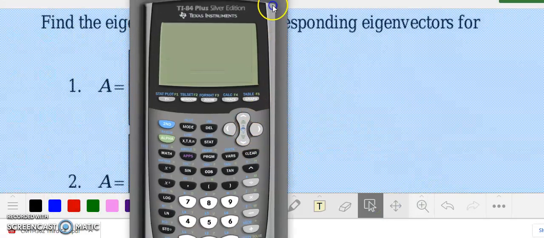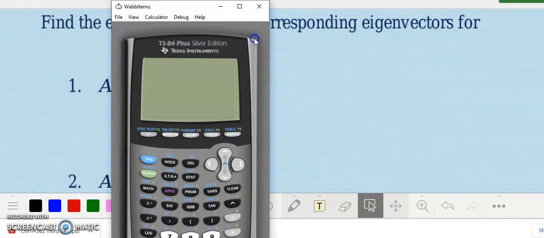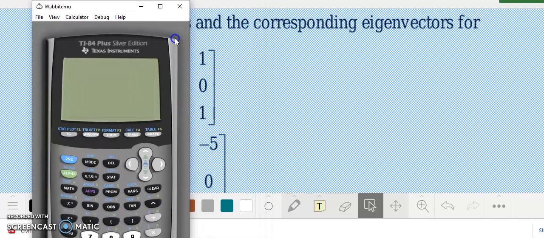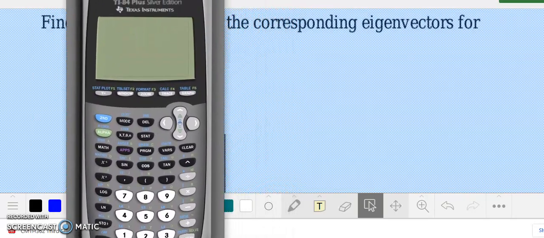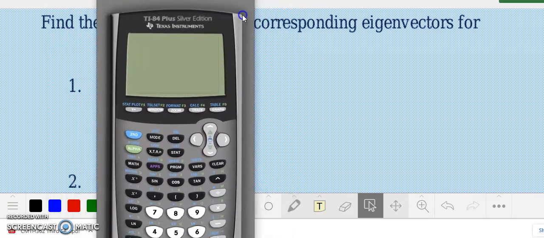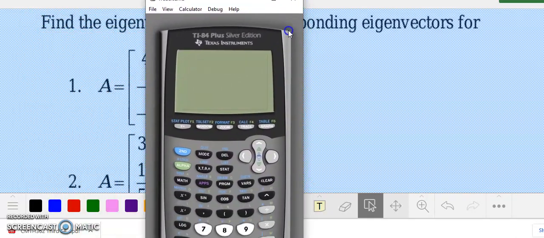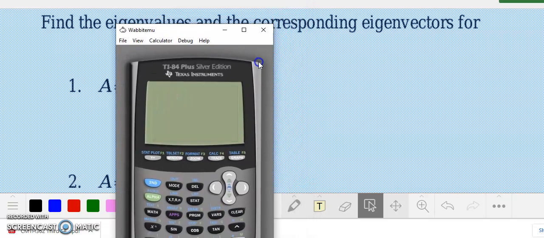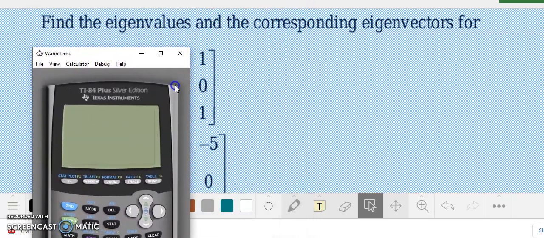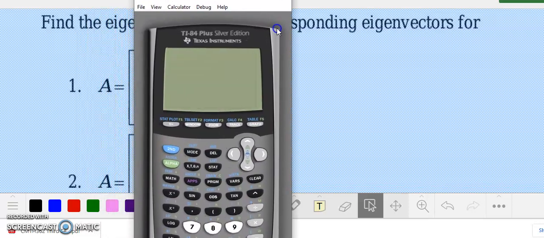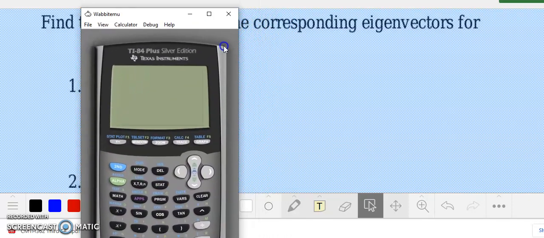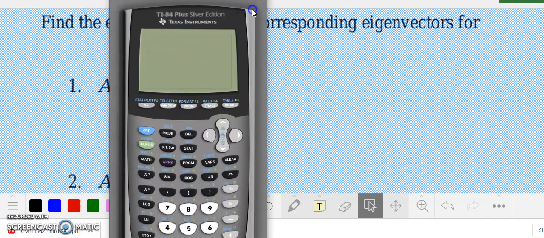This calculator is very advanced. The TI-84 Plus Silver Edition helps you to find eigenvalues and their corresponding eigenvectors. You can also use this calculator to sketch your graph. It can also store data.